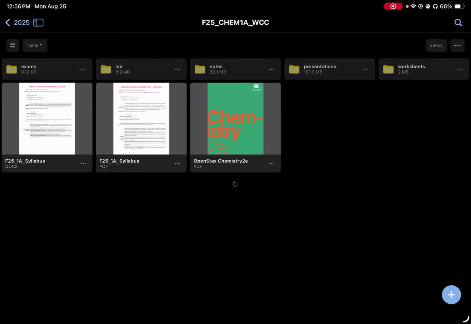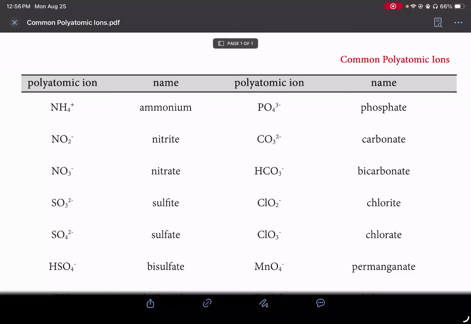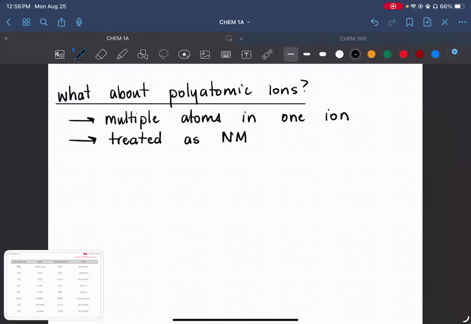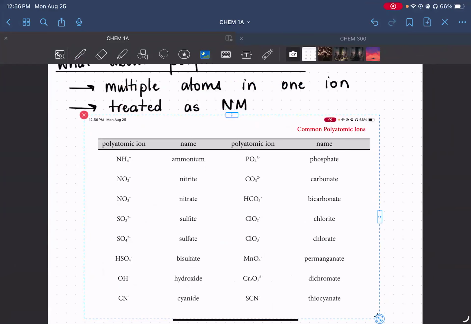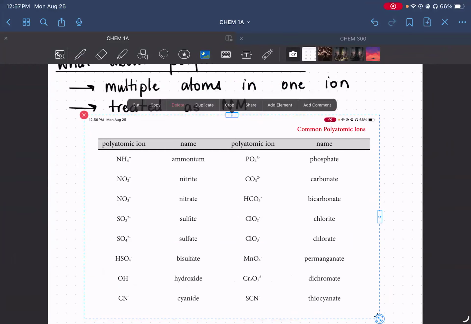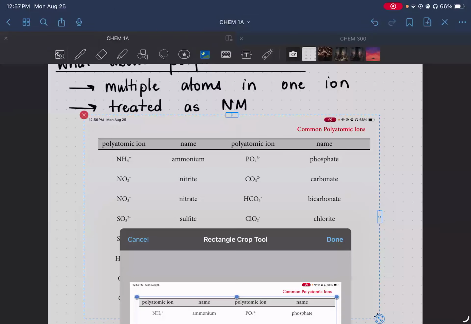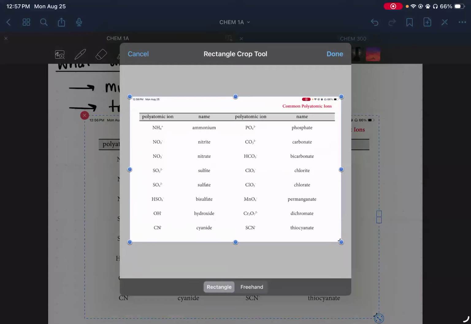So do we know what polyatomic ions you need to know? Well, I actually just handed out a handout about that. This is our first handout of polyatomic ions. I'm going to tell you this right now. You are expected to memorize this document. Sorry about that.